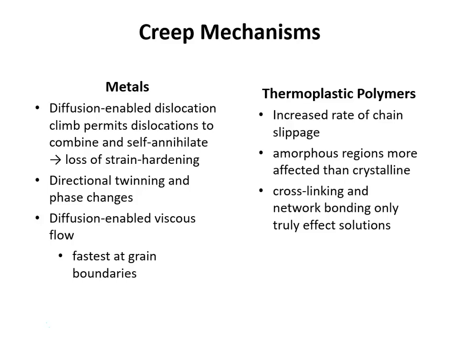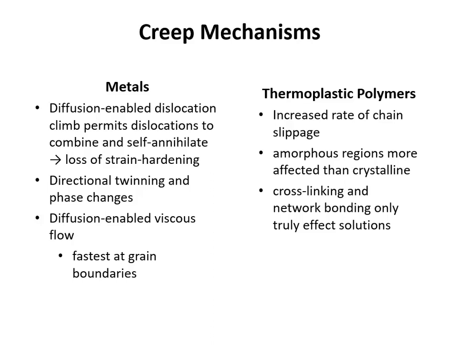Okay, creep mechanisms. As we touched on with metals, this is literally diffusion-enabled dislocation climb. So dislocations can move from the plane they're on, where they might be piled up against and behind other dislocations such that they can't move and the material yield is very, very high.